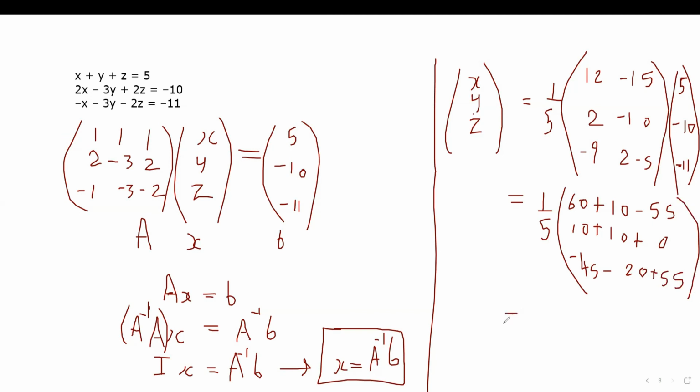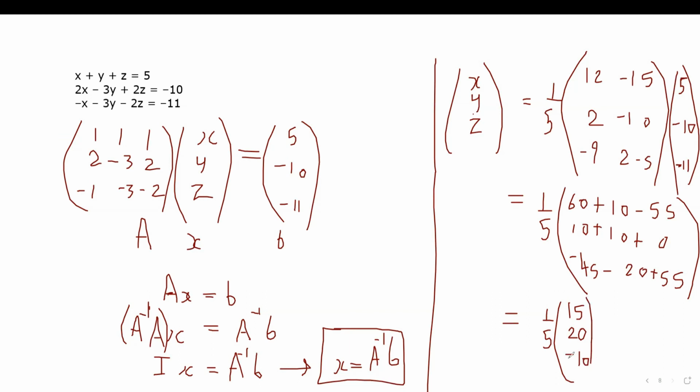So what we end up getting is 1 over 5 times: 70 minus 55, that's 15. This is now 20. This is now minus 65 plus 55, which is minus 10.